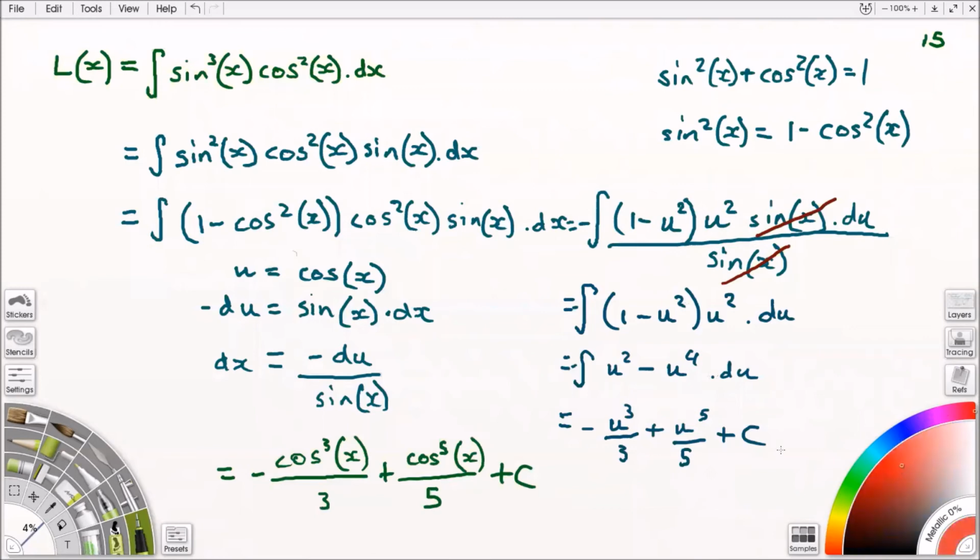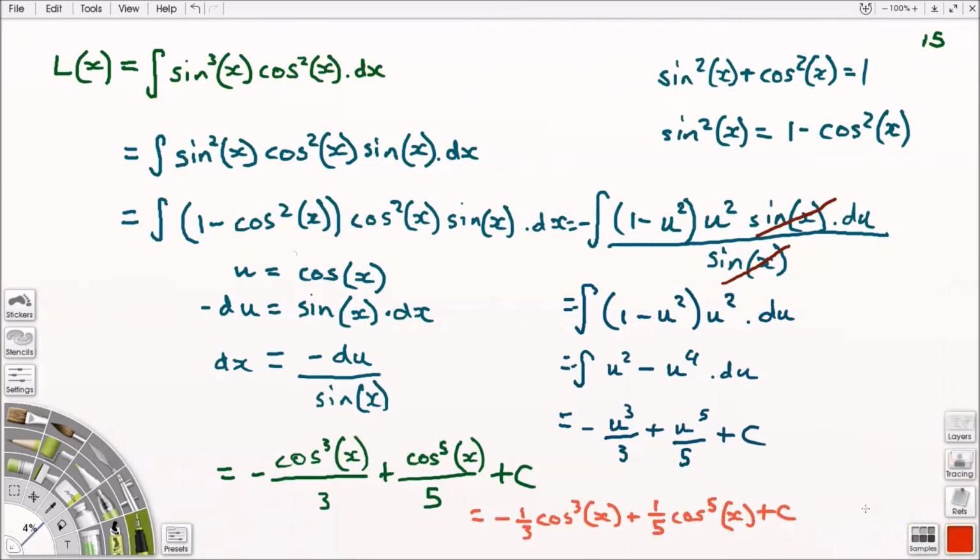However, this here can equal negative 1 on 3 cosine 3 x, cosine 5 x plus c. And there we have it. So that is our answer for today. Good work if you got that right.